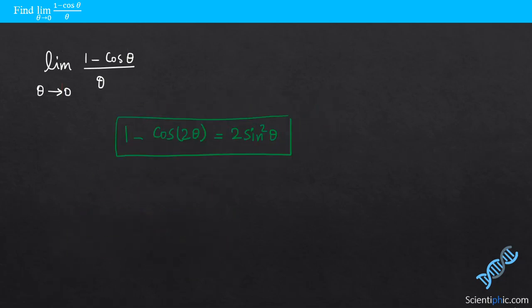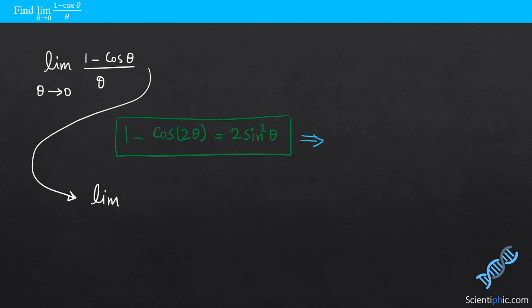So if I continue this limit, I have that the limit of, so before being able to use this identity, we have to change it a little bit, because here we don't have 1 minus cosine 2 theta, we have 1 minus cosine of theta.